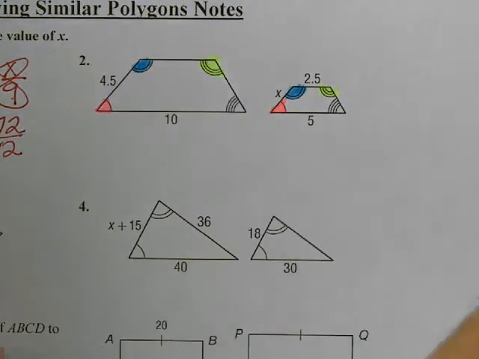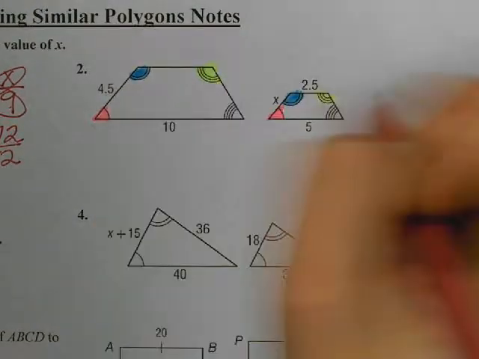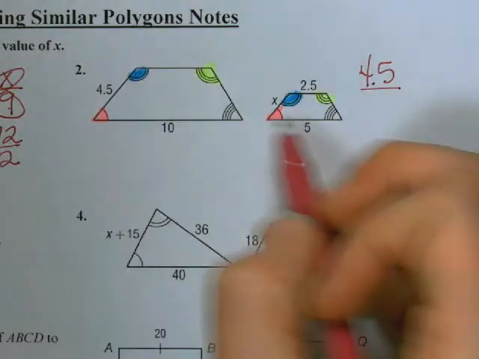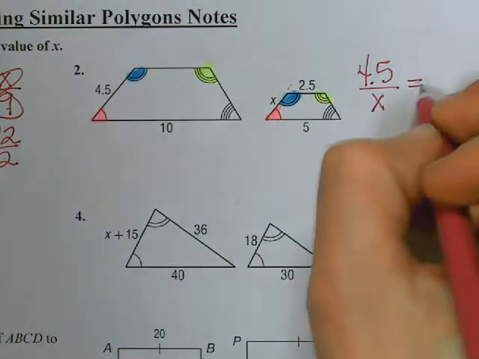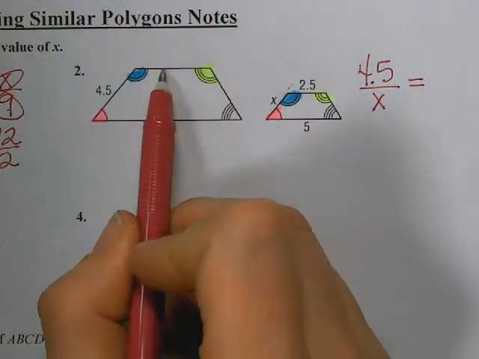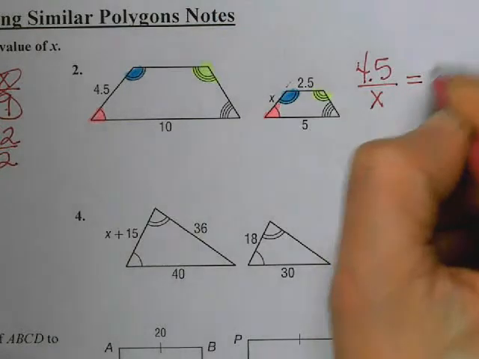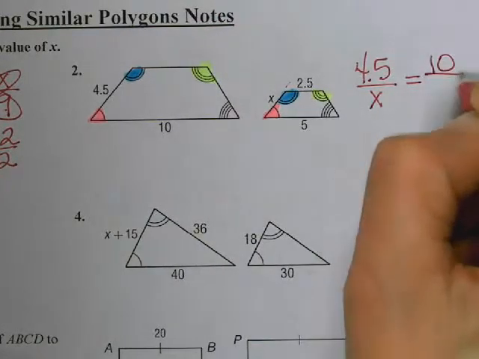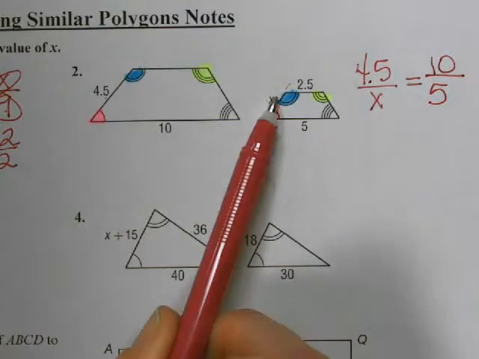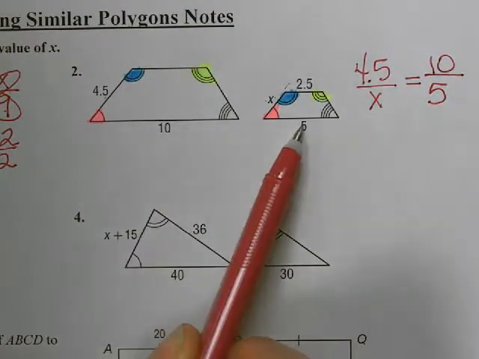Okay, so I can tell that they're facing the same exact direction. So now I'm just going to write ratios. So 4.5 corresponds to x, and now do I use the 2.5 or the 10? Well, there's nothing here, so I'm going to use the 10, and that's going to go here, and 5. So corresponding sides, 4.5 to x equals 10 over 5.